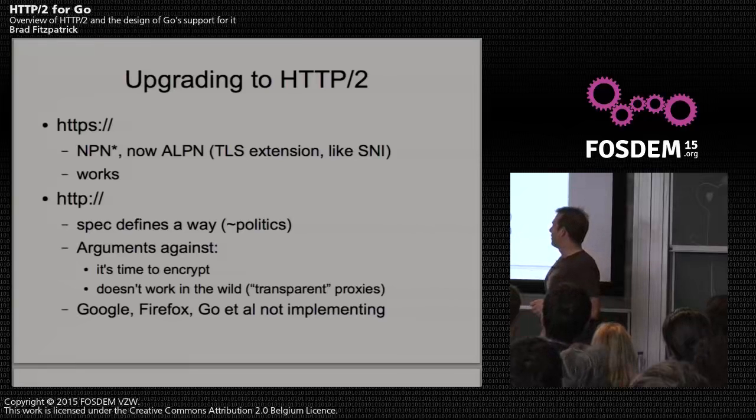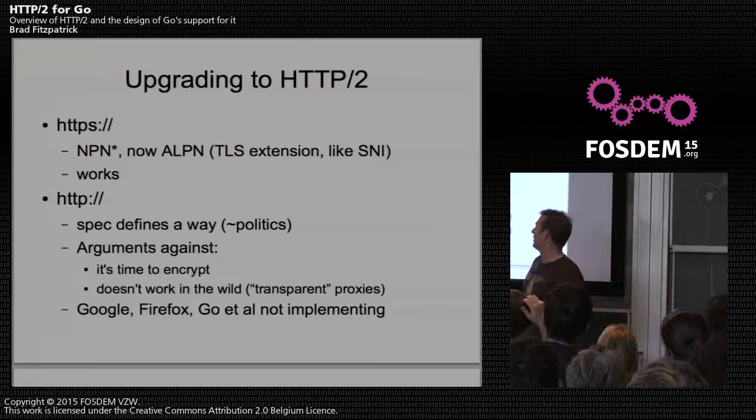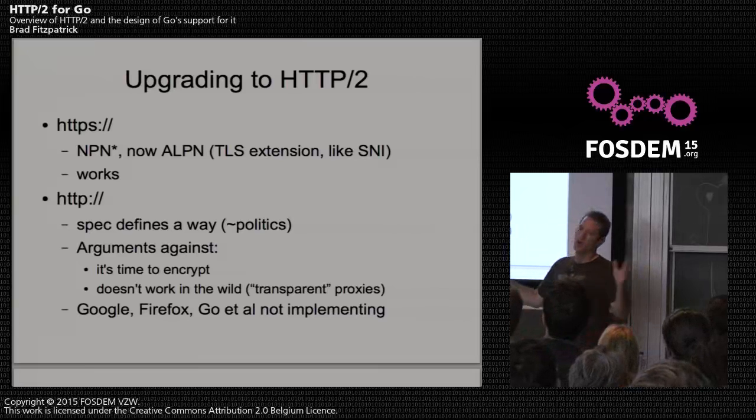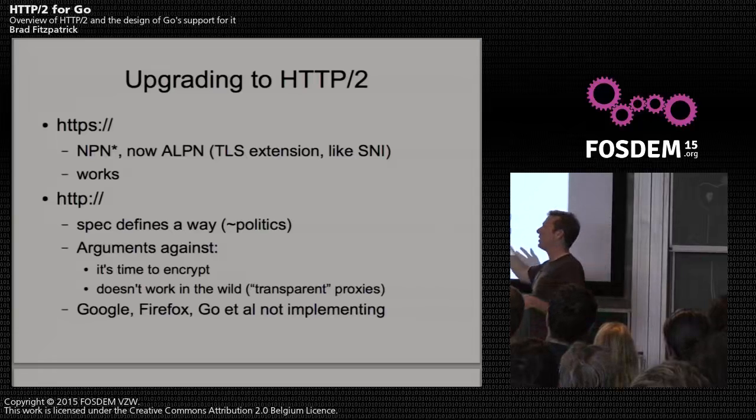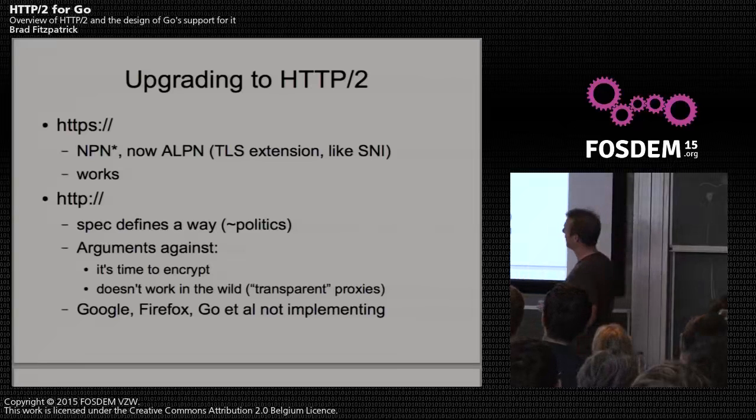Now there's this whole political thing about whether all the HTTP goodness should also work for plain HTTP. There are people saying, oh no, we're done, we have to encrypt everything on the web now. There are other people that say upgrading from HTTP doesn't even work in practice because there are all these transparent proxies that break everything, which is true. This has been measured. People counter-argue that we could just tell them to fix it, but you don't really fix things on the internet.